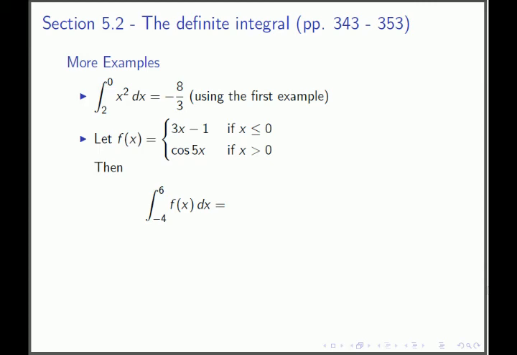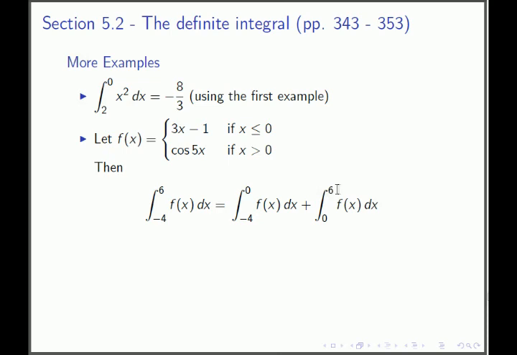And here's another example. Let's say we have a piecewise defined function. This function is given by two different formulas based on which interval you're looking at. So if we want to compute a definite integral, which involves pieces of both of these, it's natural to try to split this up into two integrals. One from the interval from -4 to 0, plus another integral from 0 to 6.